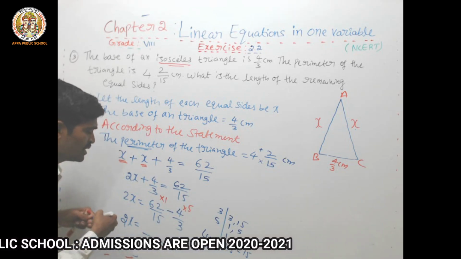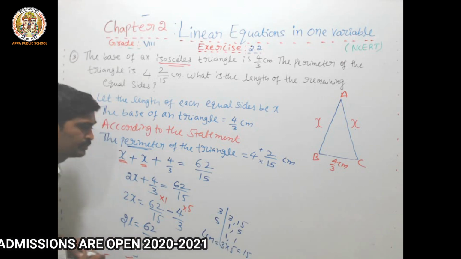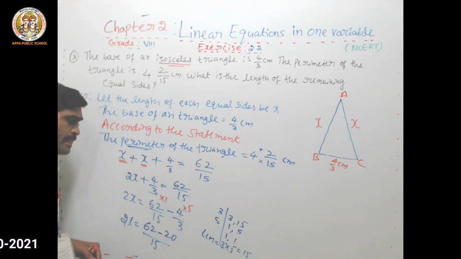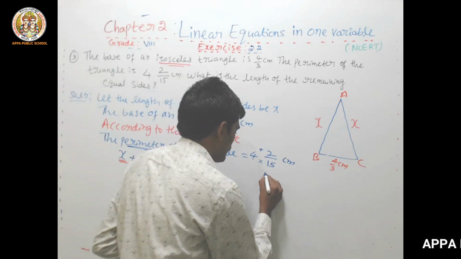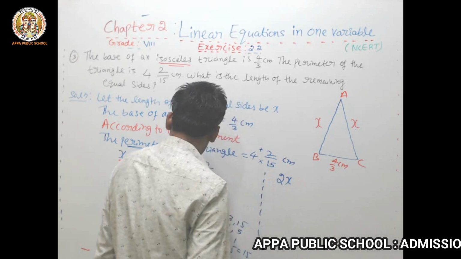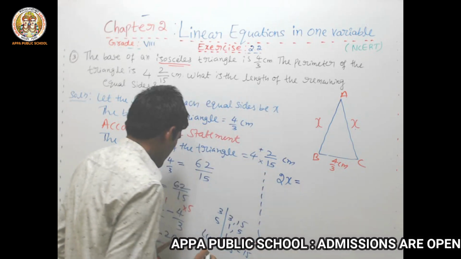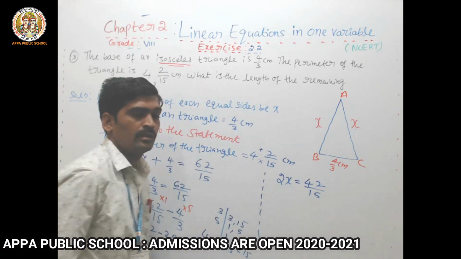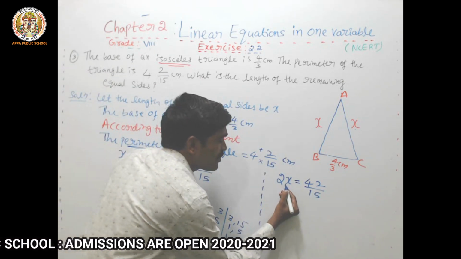Now 62 ones are 62, minus 4 into 5, we get 20. Now 2x is equal to 62 minus 20, that should be 42 divided by 15. Now my dear students, how to find the value of x here?